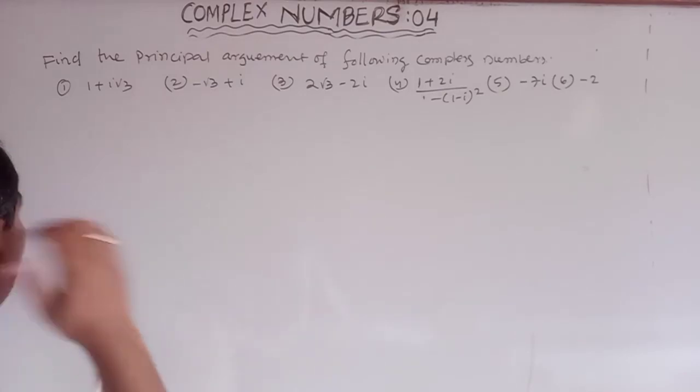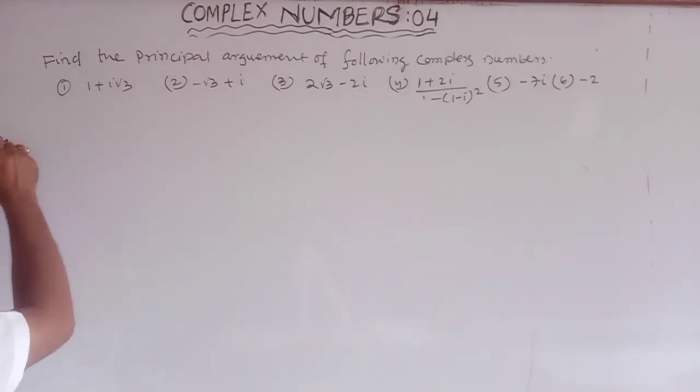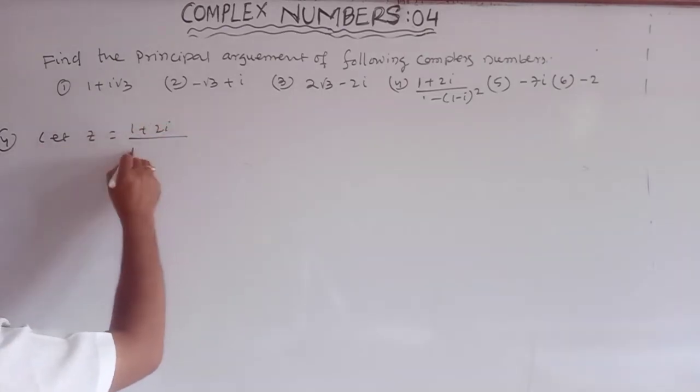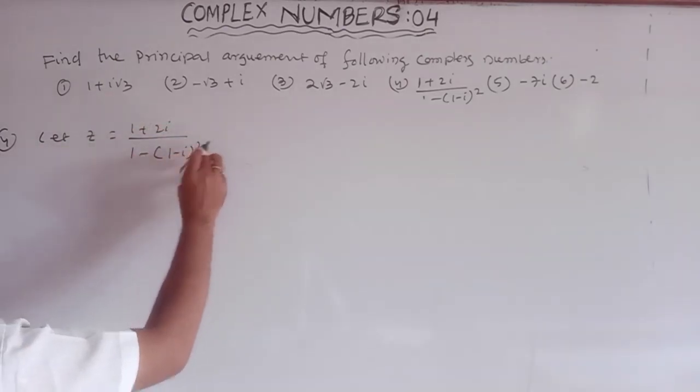Next, fourth one: let z is equal to 1 plus 2i divided by 1 minus i whole square.